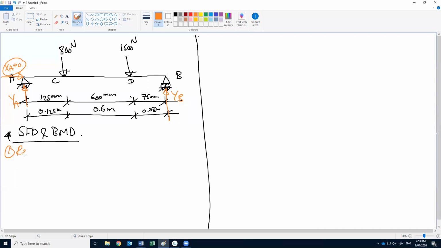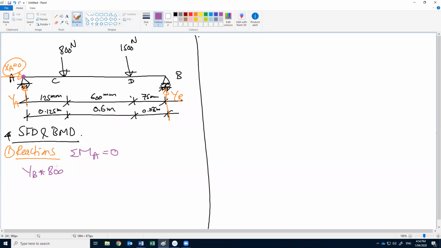We did the reactions last week, but I will revise with you. To find YB, we will take the moment at A. So summation of moment at A should be 0. What causes moment at A? YB multiplied by the distance, which is 800 millimeter.